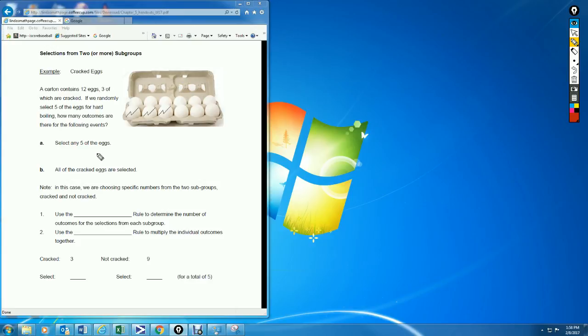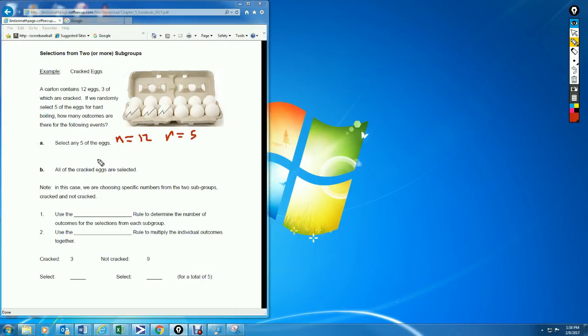Okay, so in this case, I don't care if they're cracked or not. I just want to grab 5 eggs to hard boil. So the total number that I am selecting from is 12, because there's 12 eggs. And we are going to choose r equals 5.